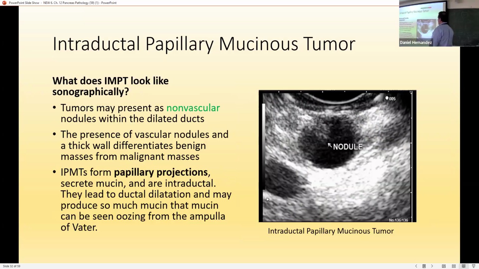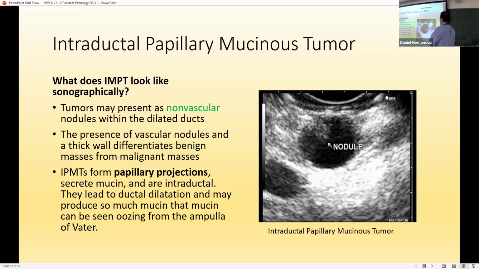So with these tumors, they're going to present as non-vascular nodules within the dilated duct. Presence of a vascular nodule and thick walls can help you differentiate benign versus malignant masses. Malignant masses typically have a good deal of vascularity, or blood flow, to them.